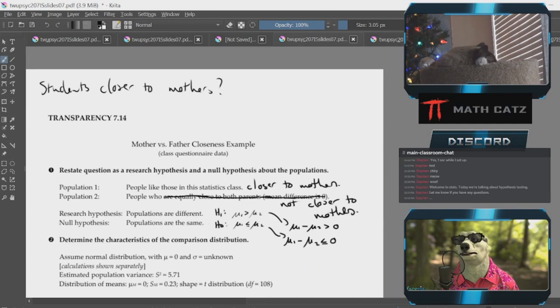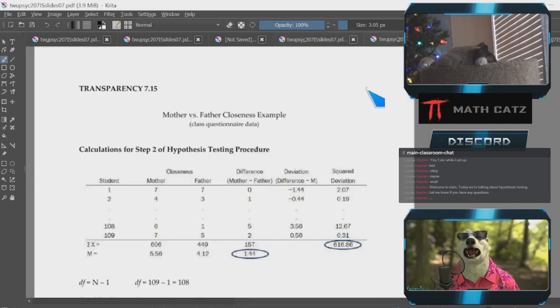So then we can go and take our sample, and our sample has 109 students, measuring the closeness to each, the same student. So we can calculate the differences, sort of a before and after situation, but not quite. We can still look at differences because the two sets come from the same people.